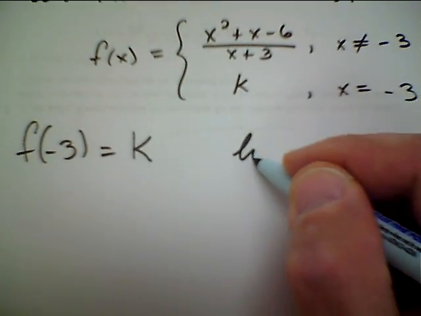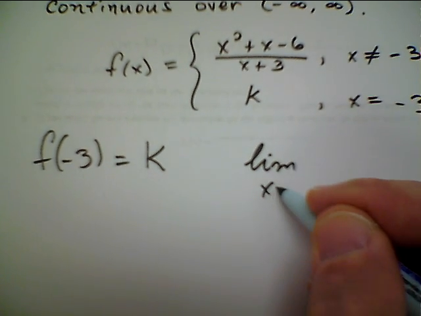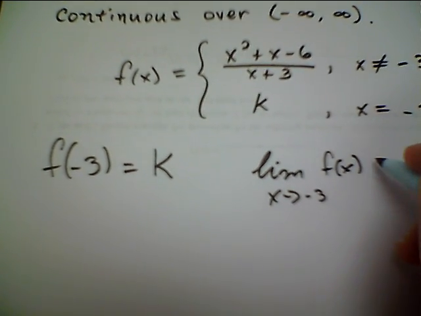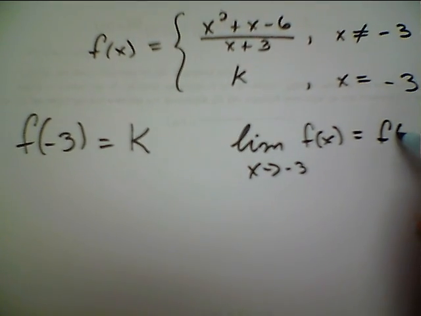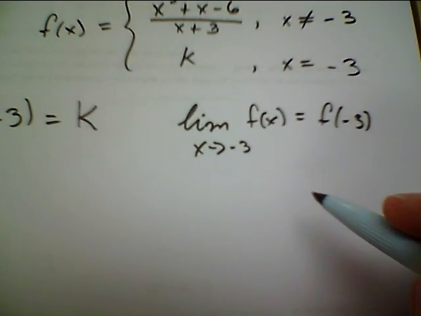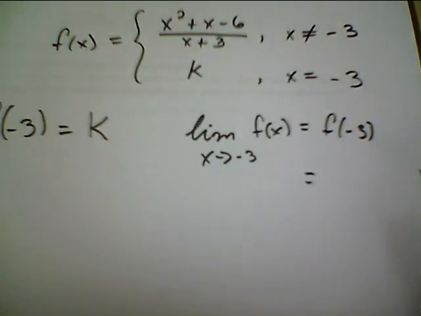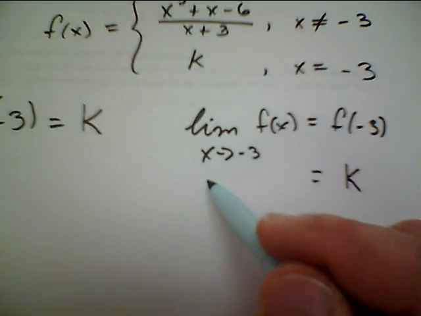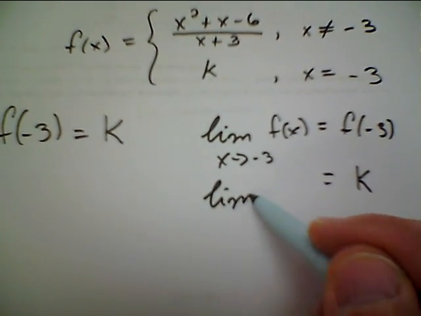So this is what we want to show. In other words, f of minus 3 is equal to k. So we want k to equal this limit.